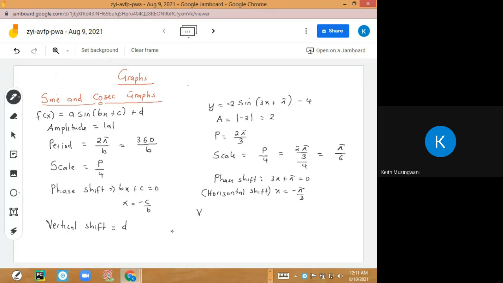Then you would also have the vertical shift. The vertical shift in this case would be -4. That's how you name them. That's how you find them if you are asked to present them. Is that okay?